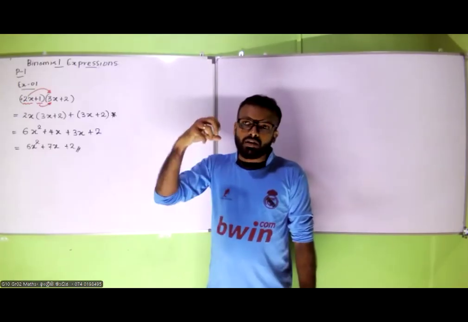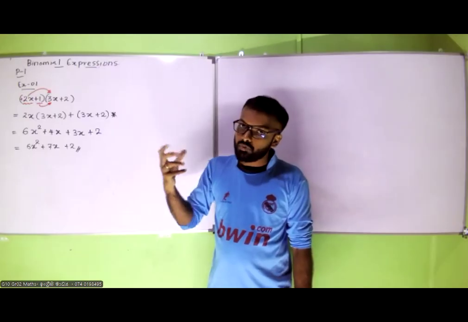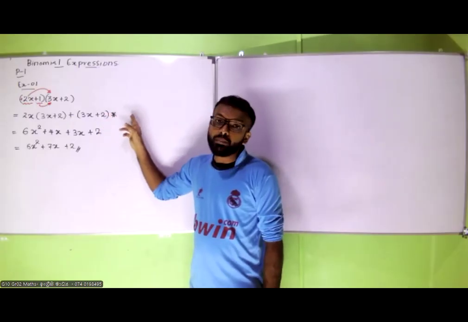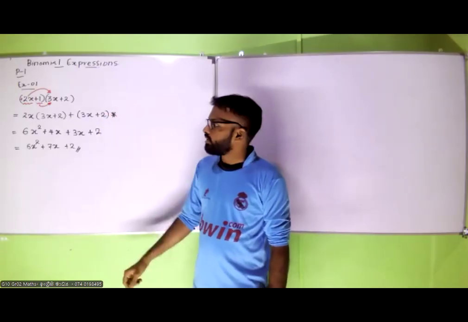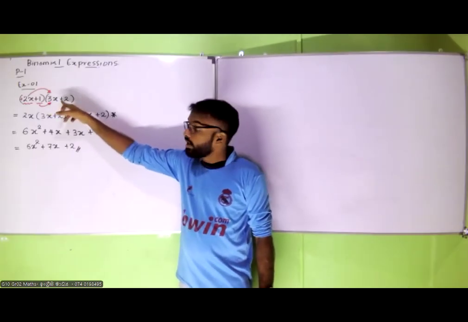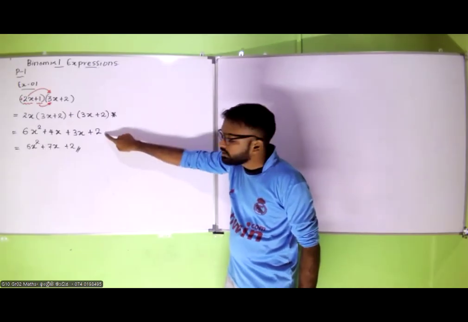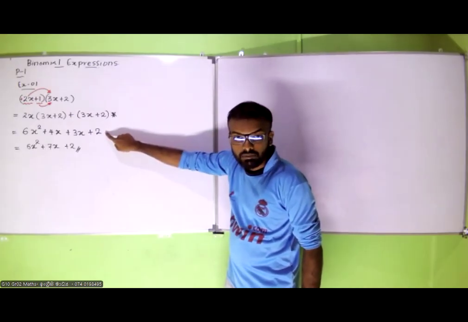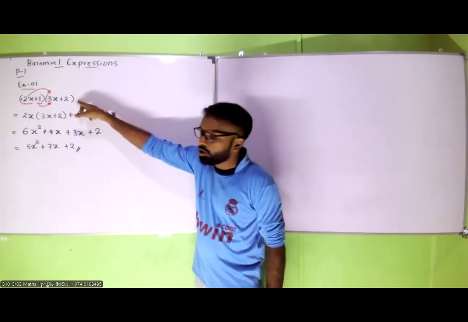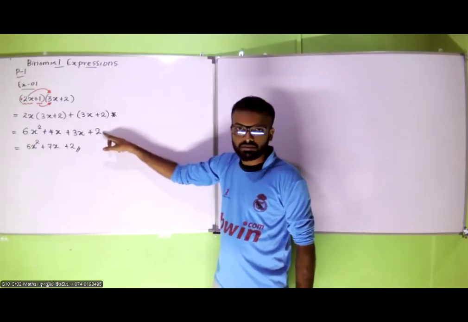But if you practice this, then this one will be eliminated automatically. By looking at this one, you can directly get this step at once, if your mind works perfectly. By looking at this, you can directly obtain this.